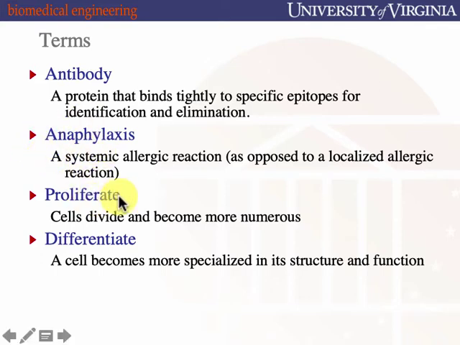All right. Proliferate. We've talked about proliferation and cell doubling, but I don't think we've actually defined it explicitly, and so we're going to do that here. To proliferate is when cells are going to divide. So one cell is going to divide into 2 daughter cells. It's going to duplicate its genomic material and generate two daughter cells.